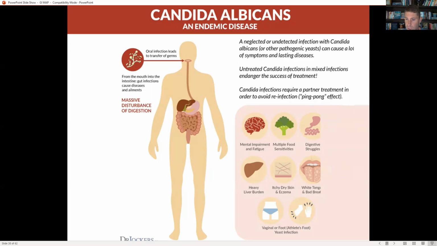We can end up with itchy, dry skin and eczema, vaginal yeast or athlete's foot, heavy liver burden, so it can really wear down our liver, mental impairment and fatigue. Candida releases some toxins that affect our brain, gliotoxin and acetaldehyde, which can really affect brain function and also can cause multiple food sensitivities.